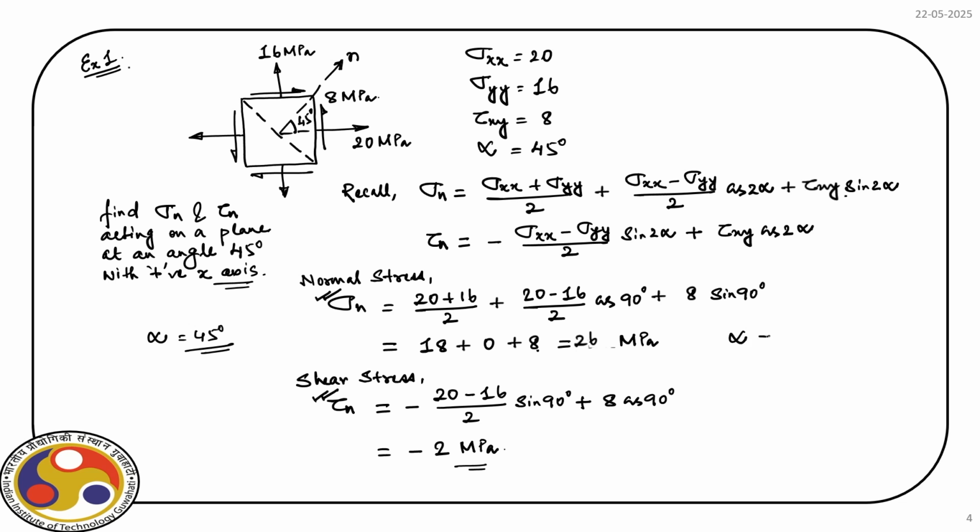What we will do, we will change this value of alpha, we will start from 0 and then we will go up to minus 180 degree. That means, we will have a complete rotation, and then for all these different values of alpha, we will find out sigma n, and we will study how sigma n and obviously tau n behaves as we rotate the plane with respect to x axis, and how that helps us in our design. That we will discuss in the next class. Thank you very much.